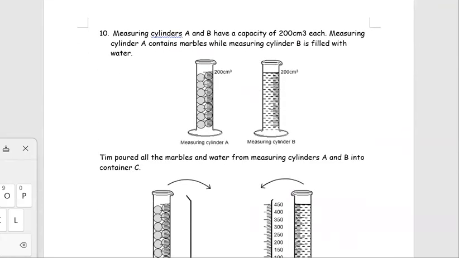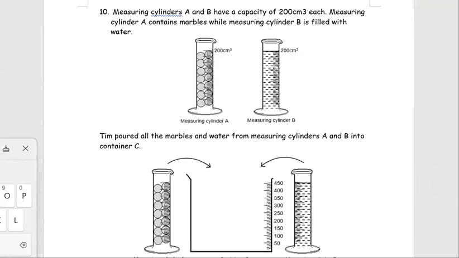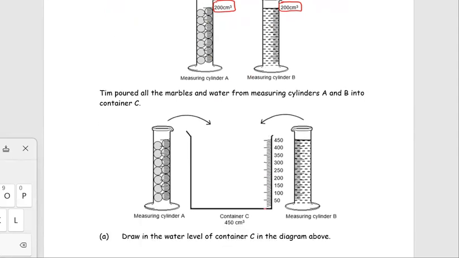Number 10. Two measuring cylinders A and B have a capacity of 200 cubic centimeter. One is filled with marbles, and the other is filled with water. Both are filled to the 200 cubic centimeter mark. When they pour all the marbles and water from A and B into container C, what is the new water level?